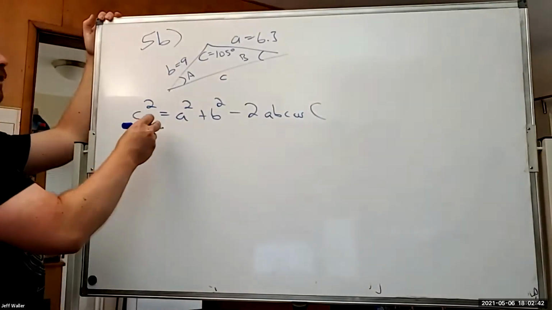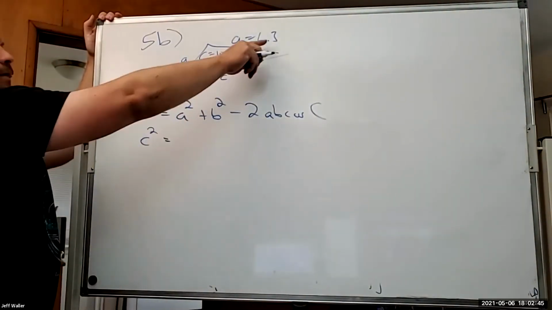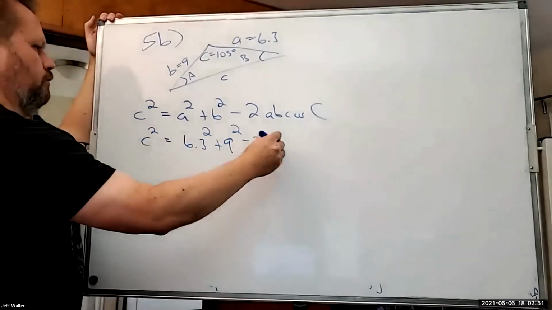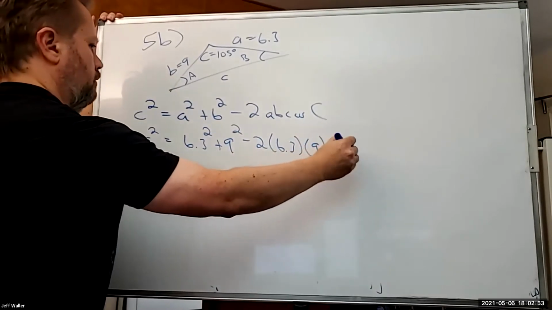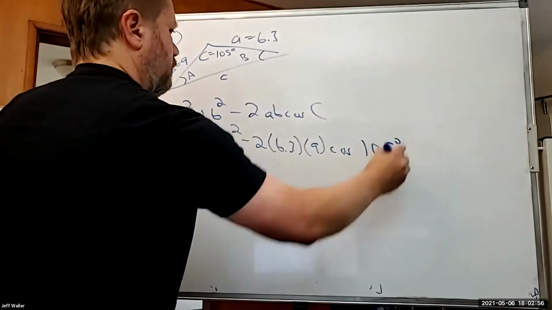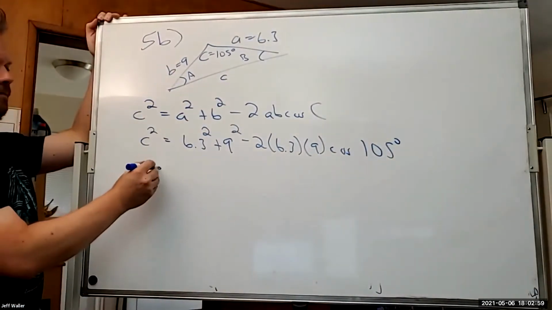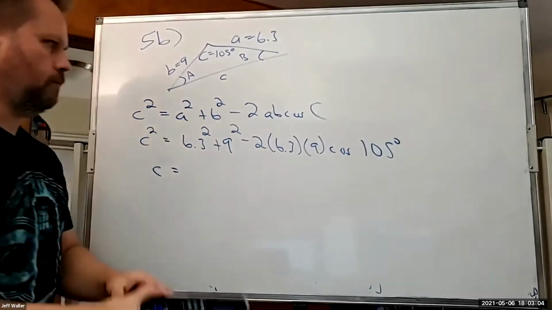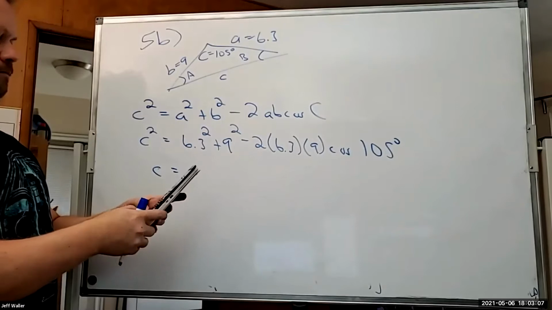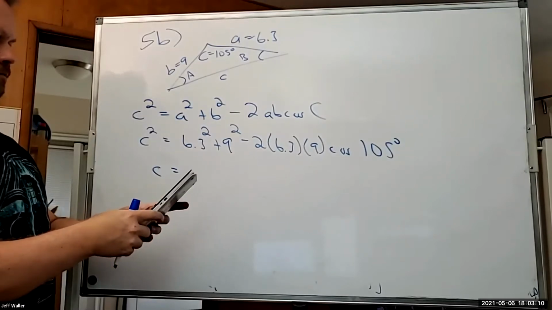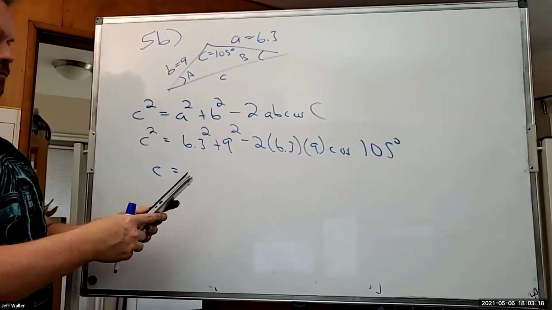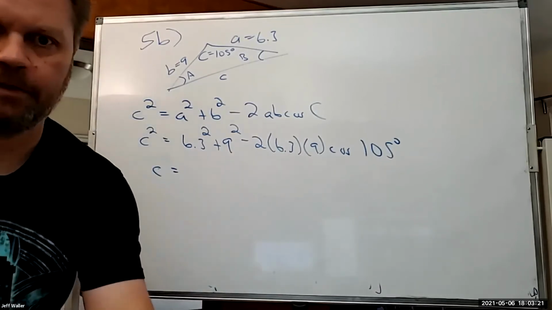Okay, so now I can do a squared plus b squared minus twice AB cosine of 105 degrees. Might as well just figure out what C is. Bam. I got something.